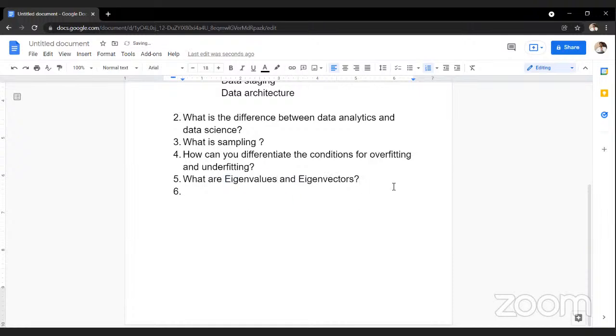I want answers, guys. What are eigenvalues and what are eigenvectors?